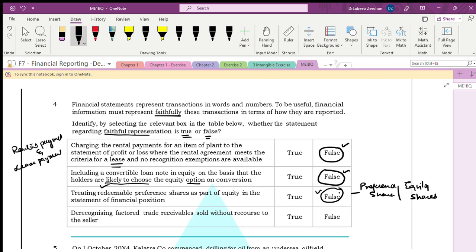Once you have sold the thing, it is not going to be treated as a current asset. It is true. This is the way you have to be very careful in making judgments with respect to the questions.